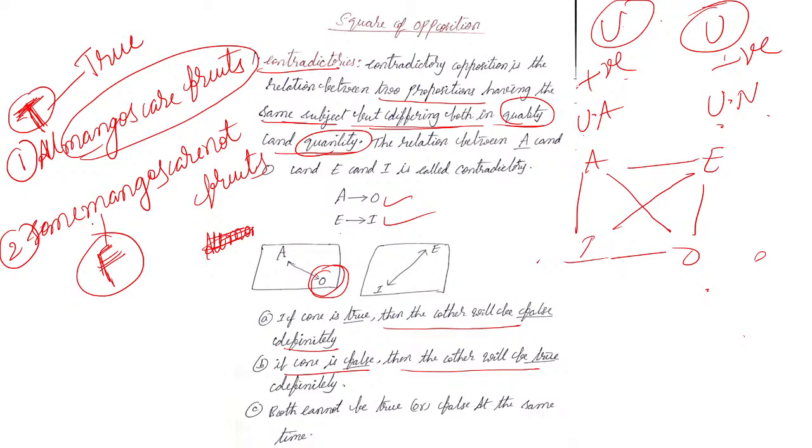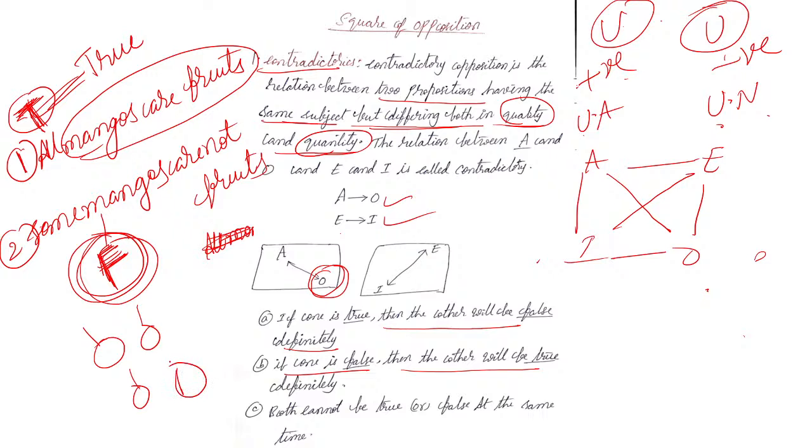If one is false, suppose initially we don't know about statement 1. We know only that "some mangoes are not fruits" is false. We know this. That means we can say that all mangoes are fruits, right? Suppose these are some mangoes.